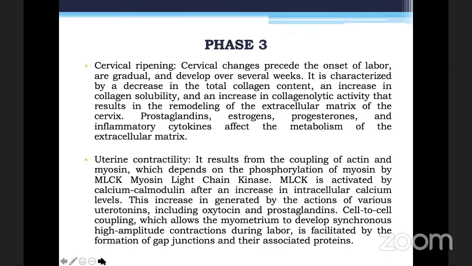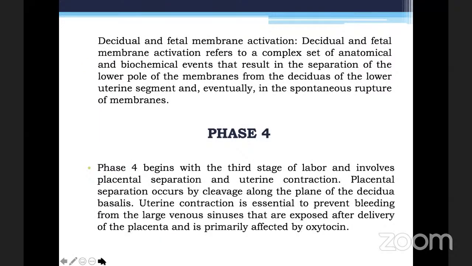Cell-to-cell coupling, which allows the myometrium to develop synchronous high-amplitude contractions during labor, is facilitated by the formation of gap junctions and their associated proteins. The decidual and fetal membrane activation refers to a complex set of anatomical and biochemical events that result in the separation of the lower pole of the membranes from the decidua of the lower uterine segment and eventually in the spontaneous rupture of membranes.